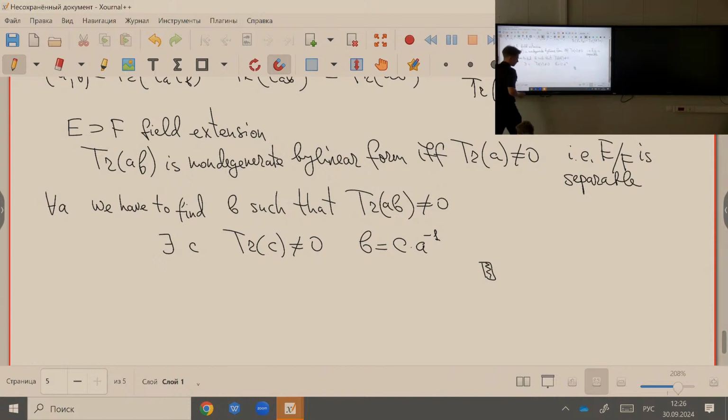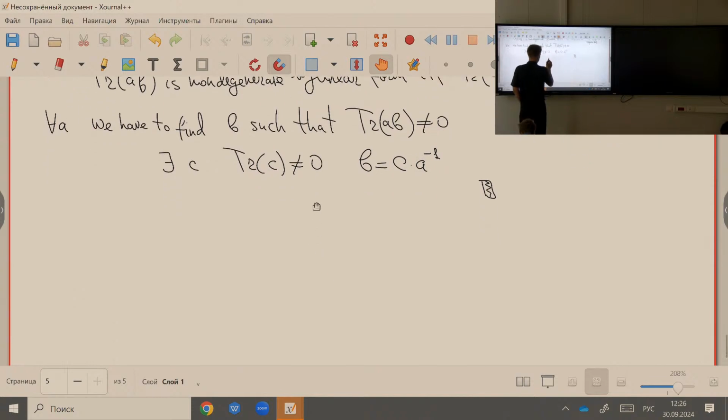So let us apply this now to our construction.